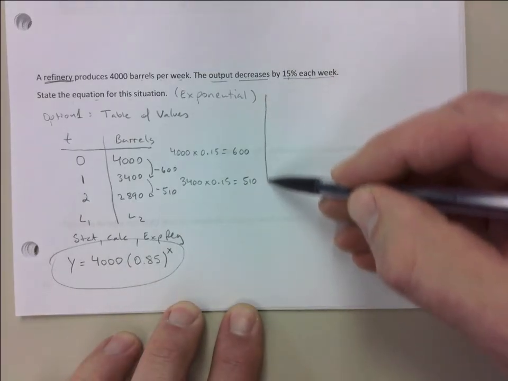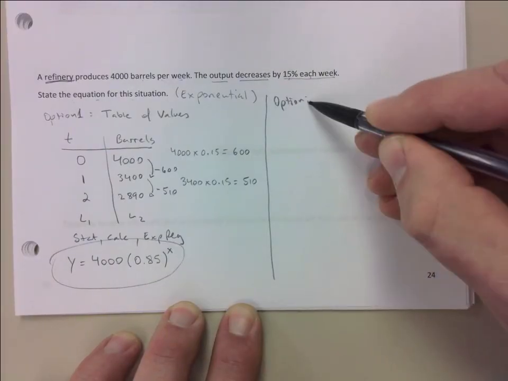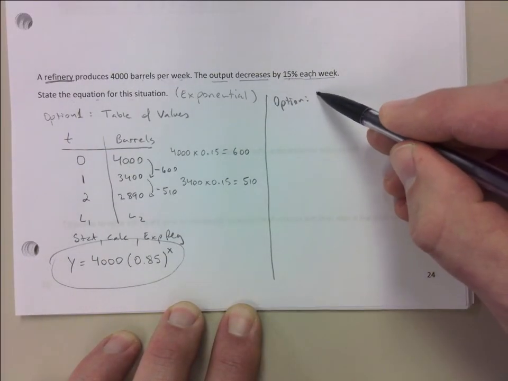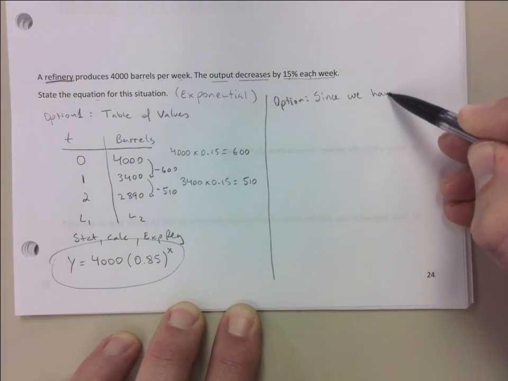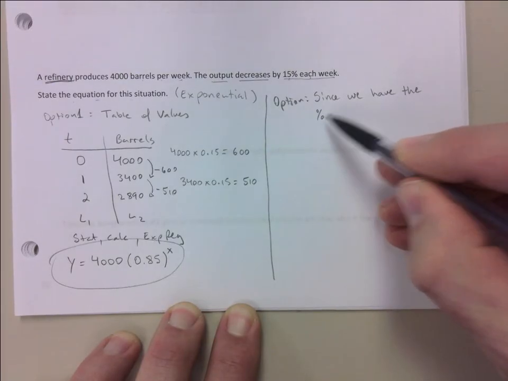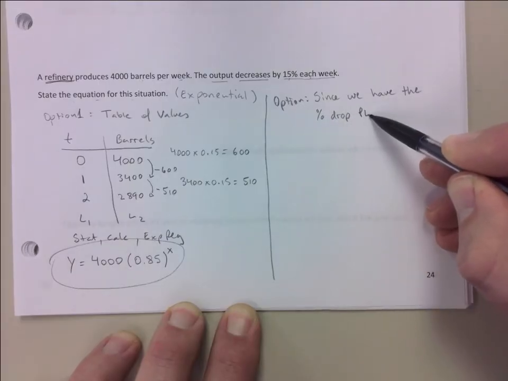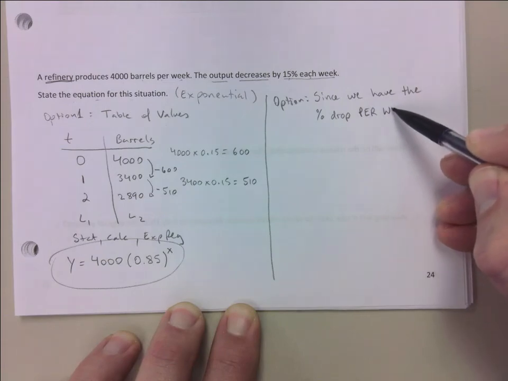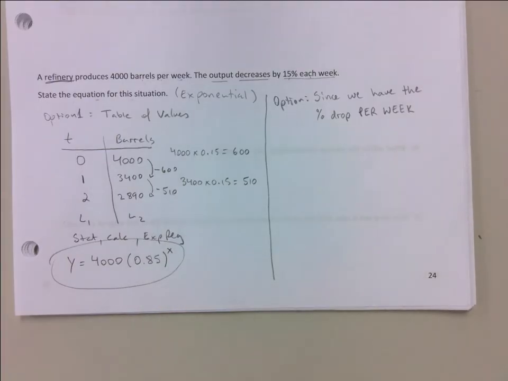So option 2, since we have the percentage drop, this is big here, per week. They do tell you what it is for every time period, for every unit that goes by.